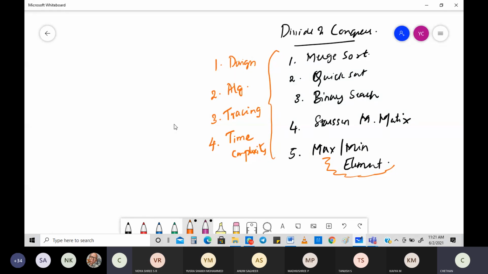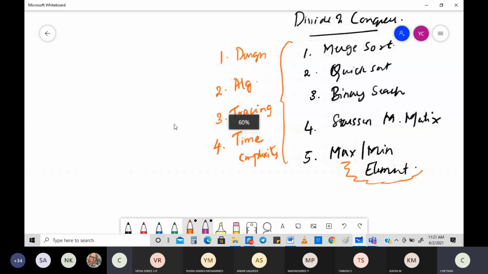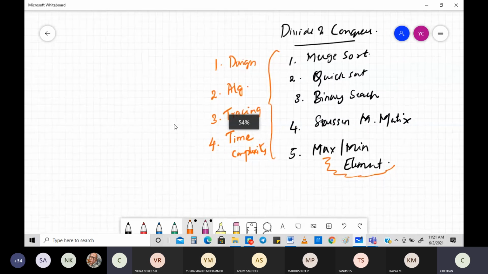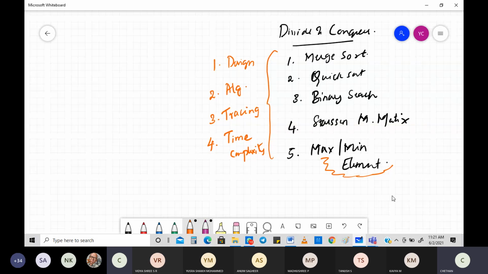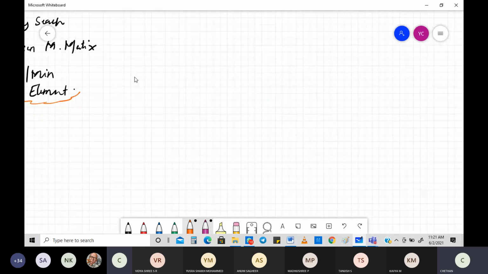So what are the things to be kept in mind? First and foremost, all these things. Next, the last thing of divide and conquer. We are going to wind up divide and conquer. So what is it? Figuring out the time complexity of finding the maximum and minimum of the elements. How do you do it? I'm going to do the same old way.